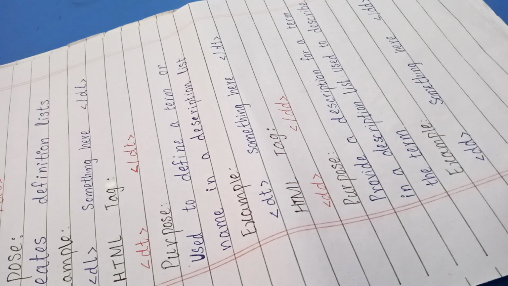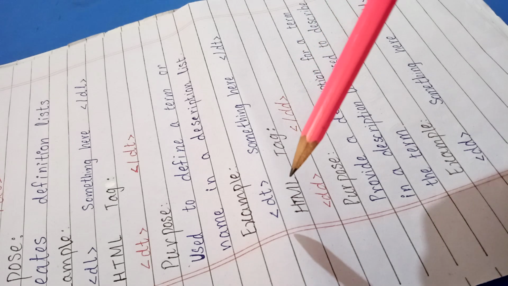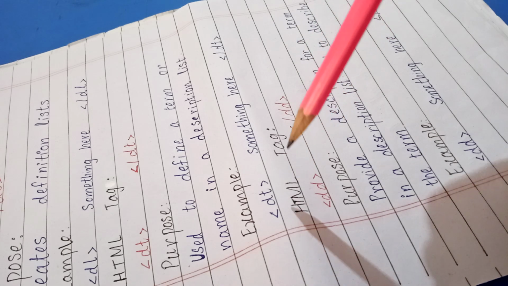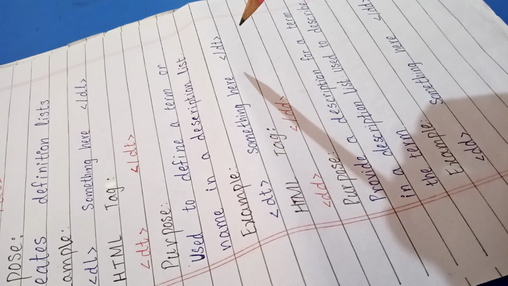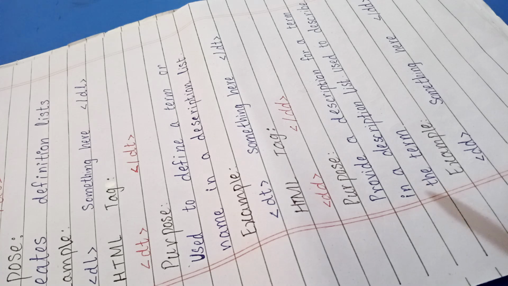Like if you have a menu like coffee, then you have a term in the form of hot coffee, cold coffee. You can define this. Example, less than DT greater than, write something here, and the closing tag is less than slash DT greater than.